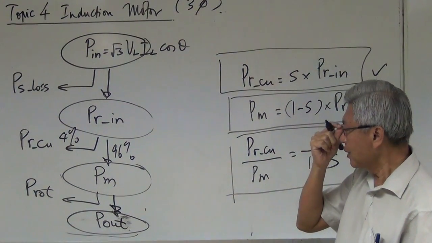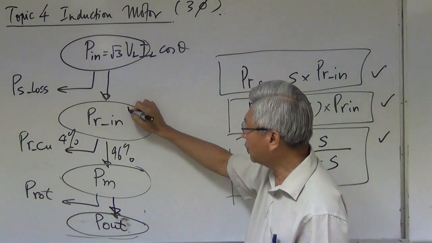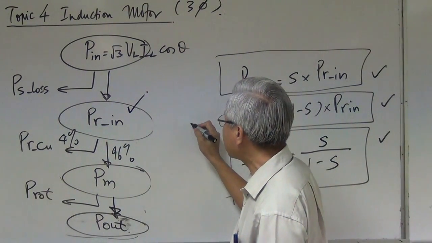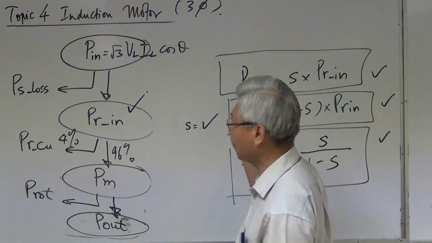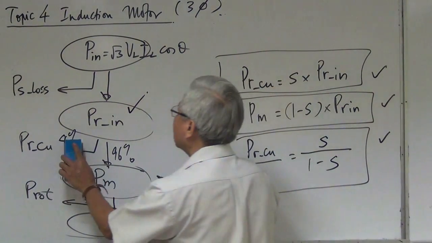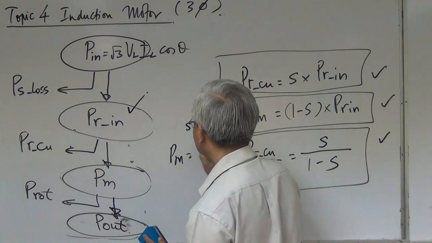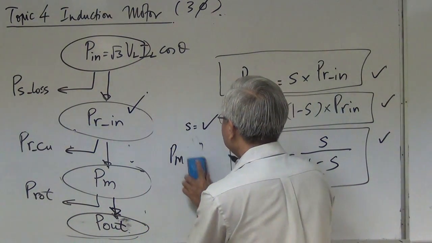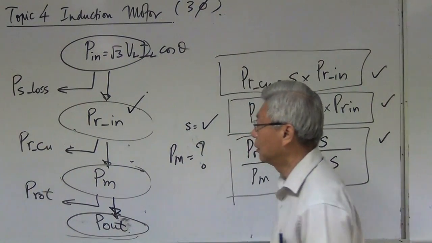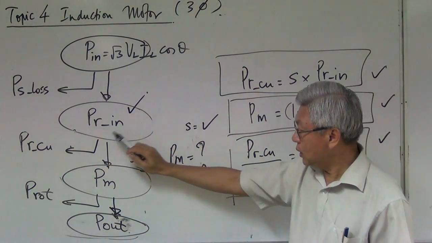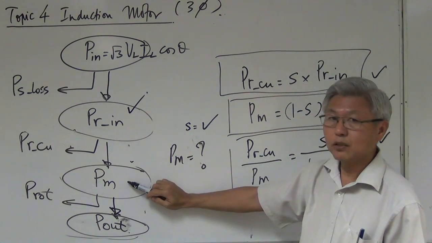I give you an example. Say for example, I know this value, and I know the slip. Then you are asked, find me the gross mechanical power. You know this, you do not know anything else, but you're asked to find this.